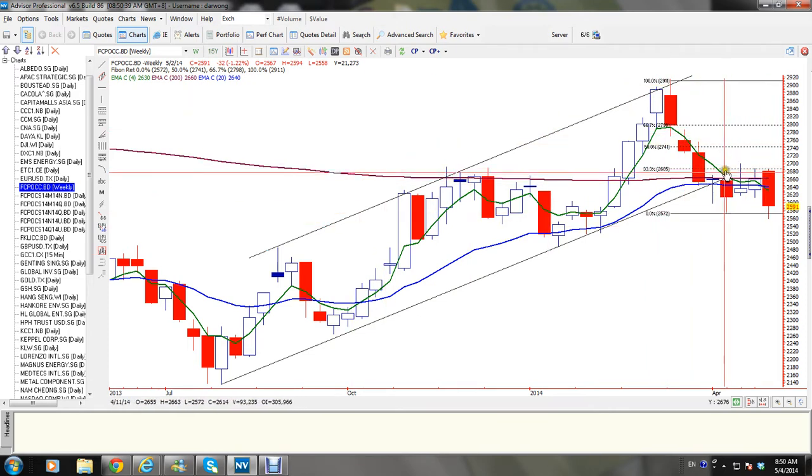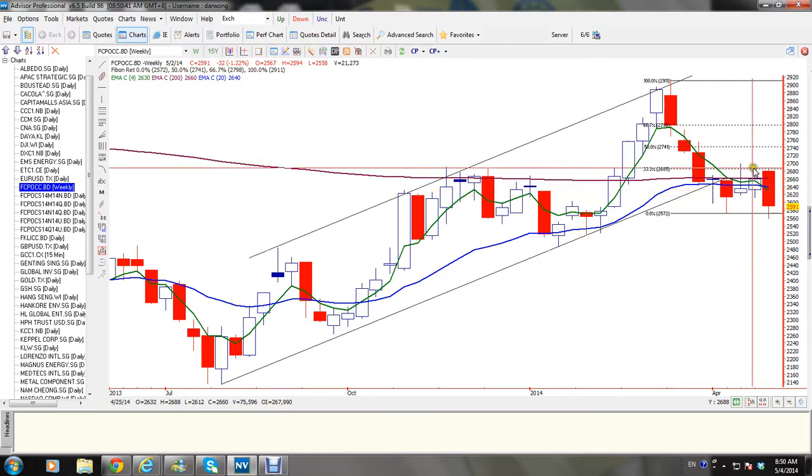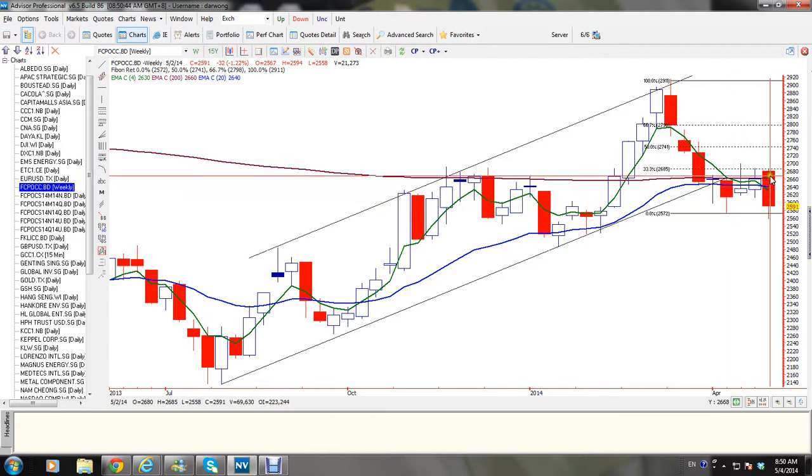From this weekly chart alone, we have seen a triple crossing of these three EMA averaging lines, and the market closed lower on the weekly bar at 2591 last Friday, the 2nd of May 2014. So this week there's a very high tendency of the market dropping down and moving into very bearish sentiment.